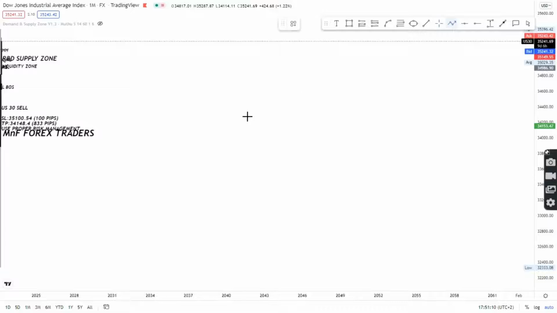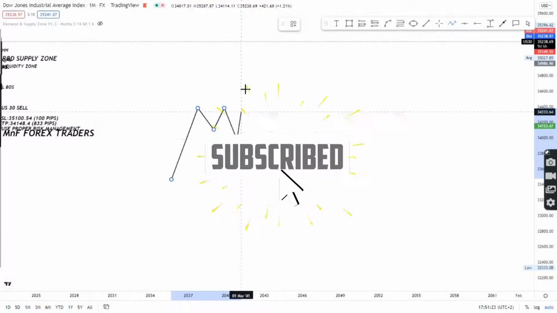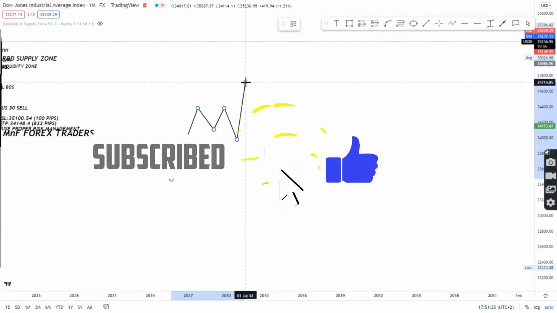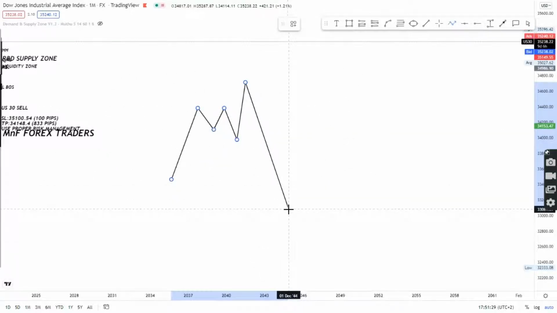What we had on US30 was a very beautiful setup, which we call a dual resistance QML. The market gave us a double resistance, then went to the upside, breaking the higher low right there.